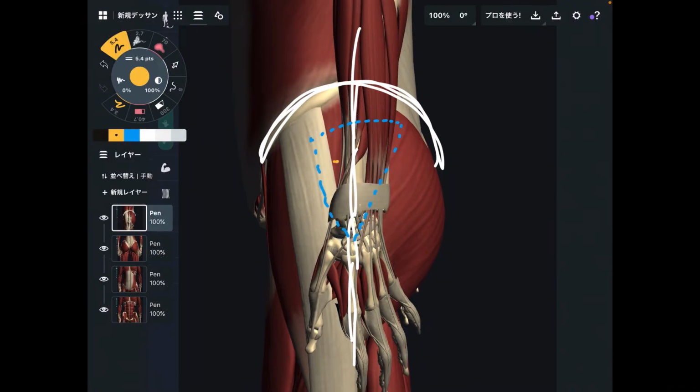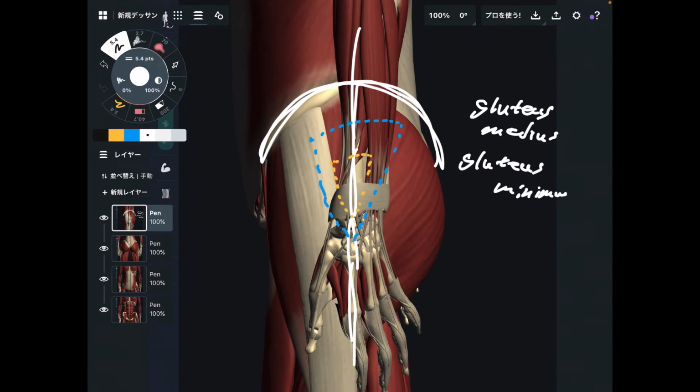Then deep to this muscle, there is one more muscle like this. Blue dots indicate gluteus medius. Yellow dots indicate gluteus minimus. Okay, gluteus medius and gluteus minimus kind of run on anterior part and posterior part like this.